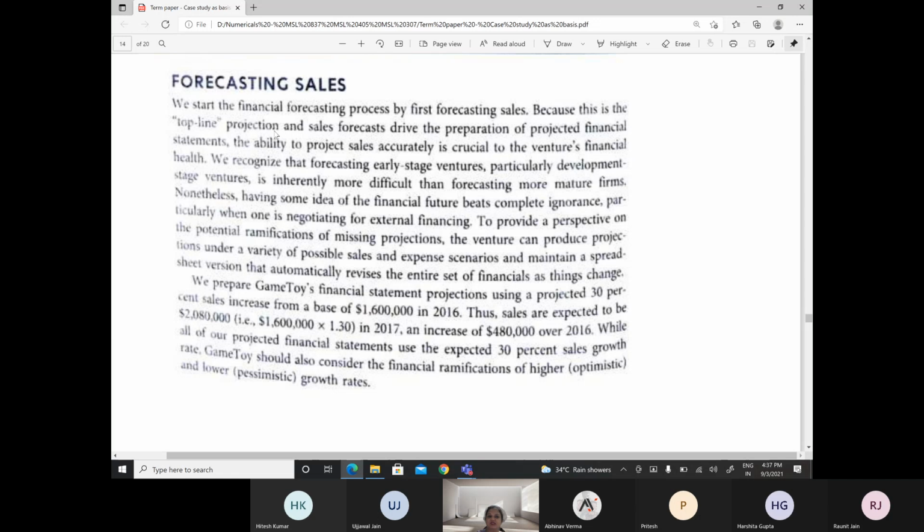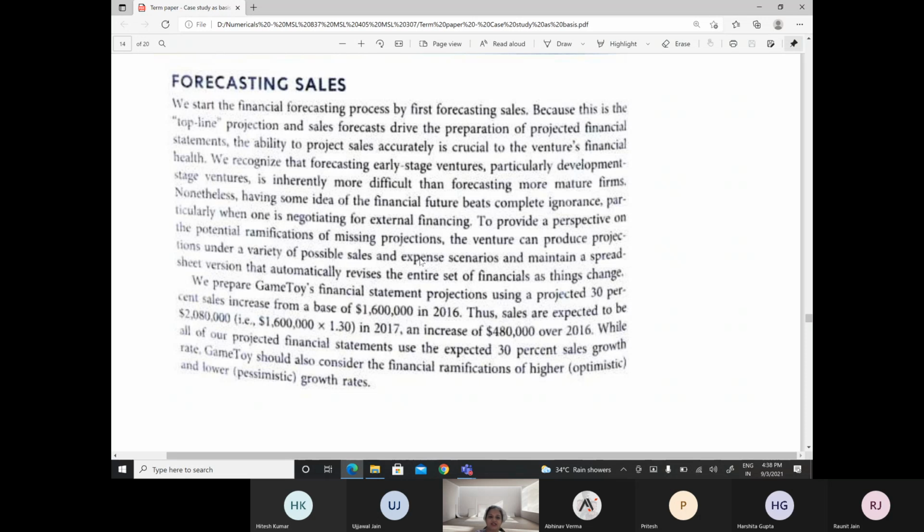To provide a perspective on the potential ramifications of missing projections, the venture can produce projections under a variety of possible sales and expense scenarios and maintain a spreadsheet version that automatically revises the entire set of financials as things change. We prepare Game Toys financial statement projections using a projected 30% sales increase from a base of 1.6 million in 2016.